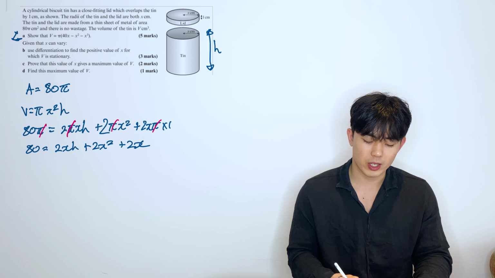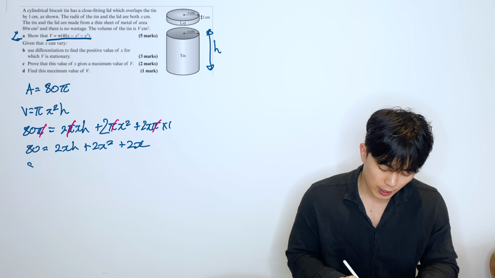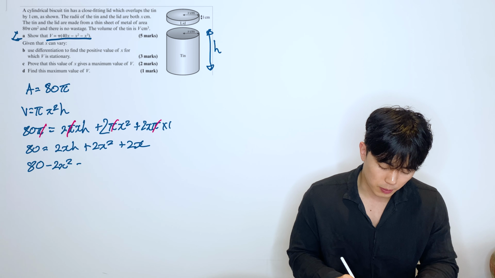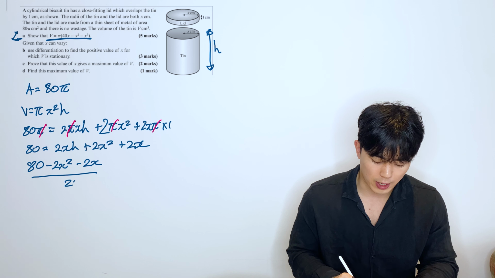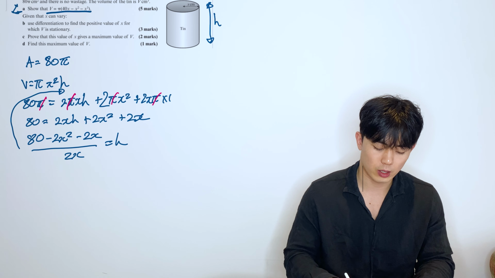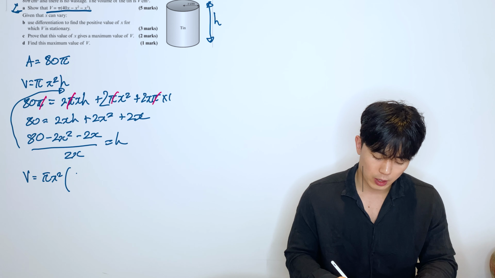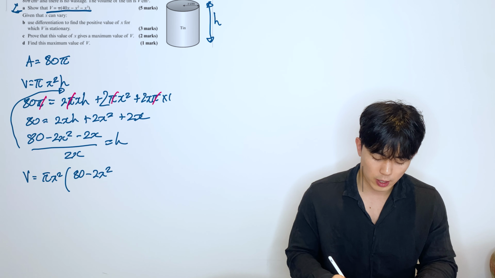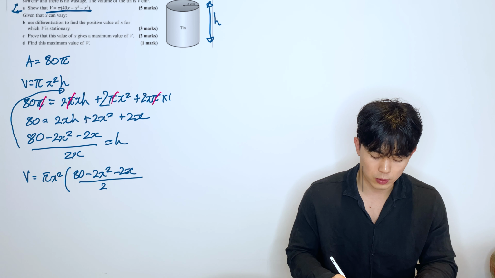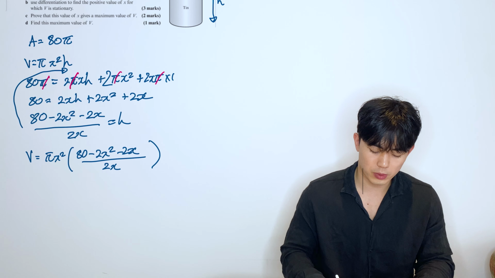As you can see, we have to rearrange. There's no h term here, right? So we're going to have to substitute for h. So 80 minus 2x squared minus 2x over 2x is equal to h, which I'm going to substitute into this h position here. So V will get pi x squared multiplied by 80 minus 2x squared minus 2x all over 2x. As you can see, you can start cancelling out some terms.